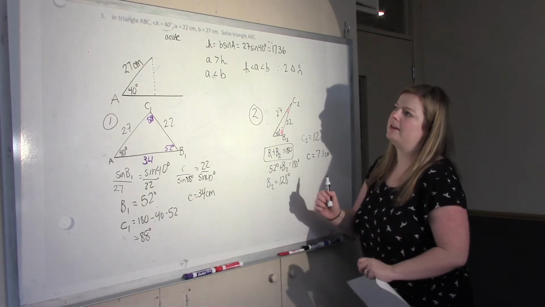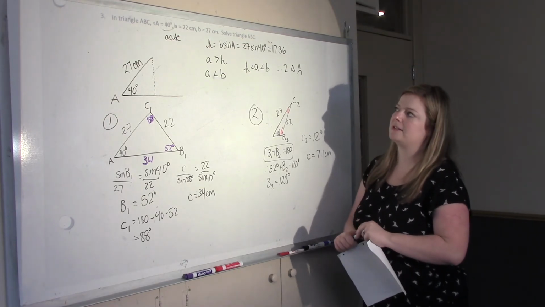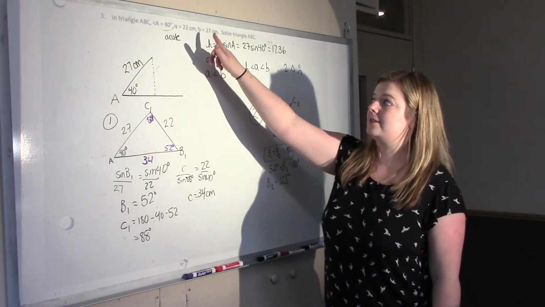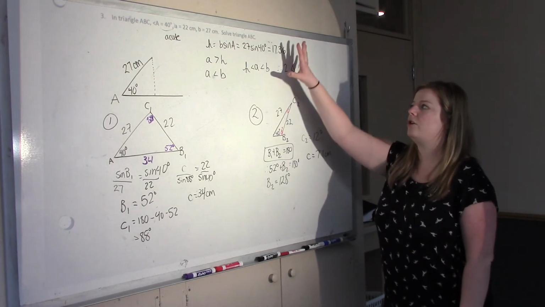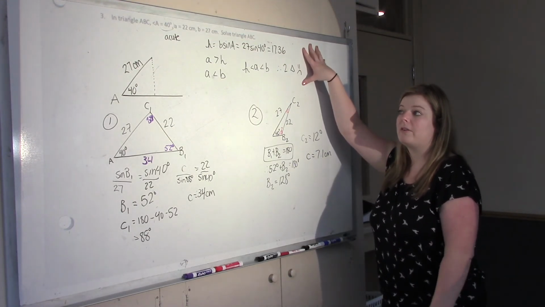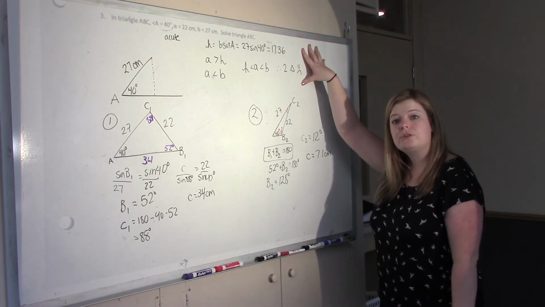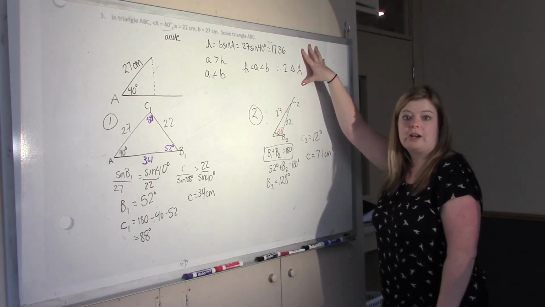So here you go. We're given in triangle ABC these three pieces of information. Angle, side, side. It's that awful case we don't like. We did a little bit of work to see, well, is it just one right triangle? Is it one obtuse triangle? Or is it no triangle possible?